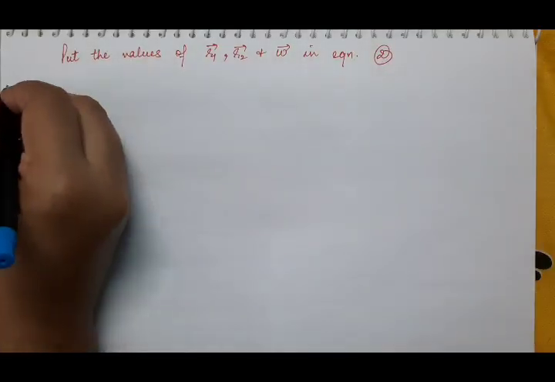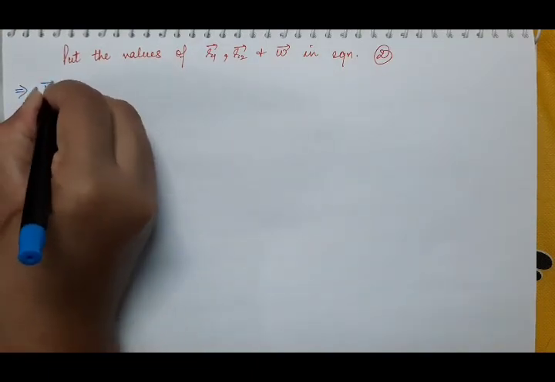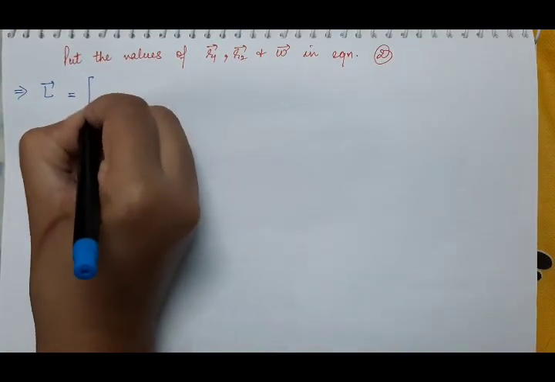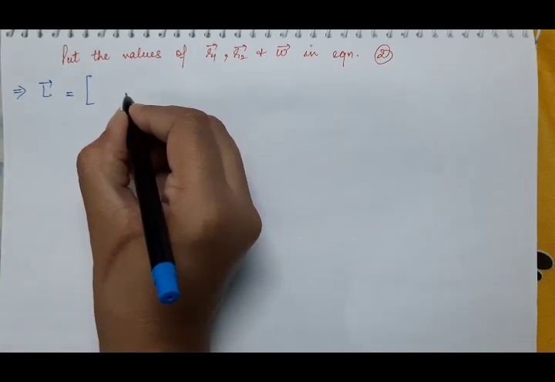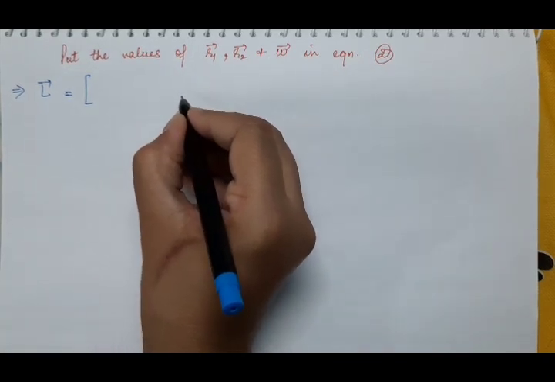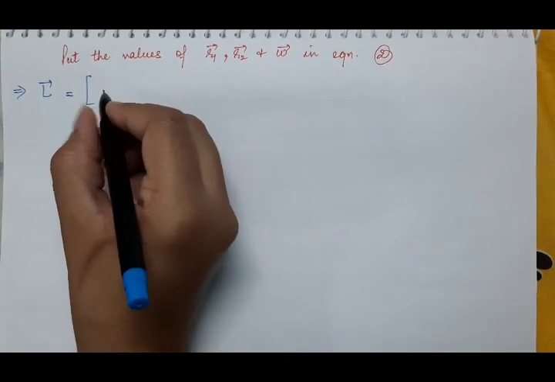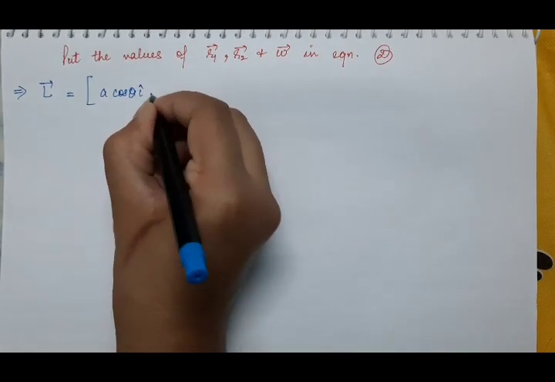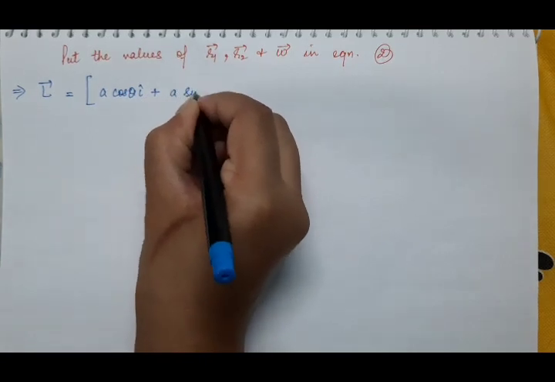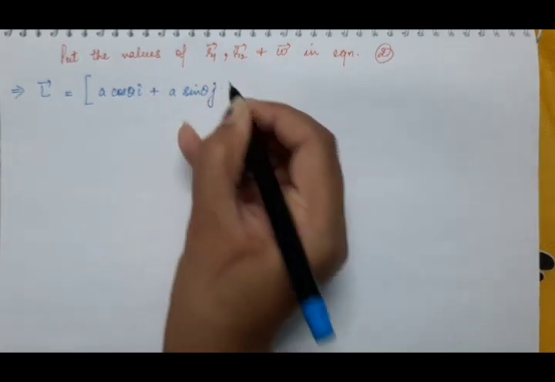So what will be the expression of L now? L vector was equal to r1 vector cross m omega cross r1. So what is the value of r1 vector? It is a cos theta i cap plus a sin theta j cap.